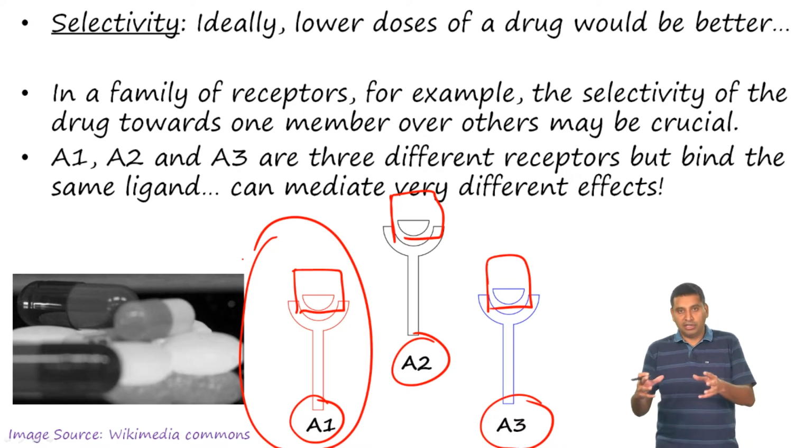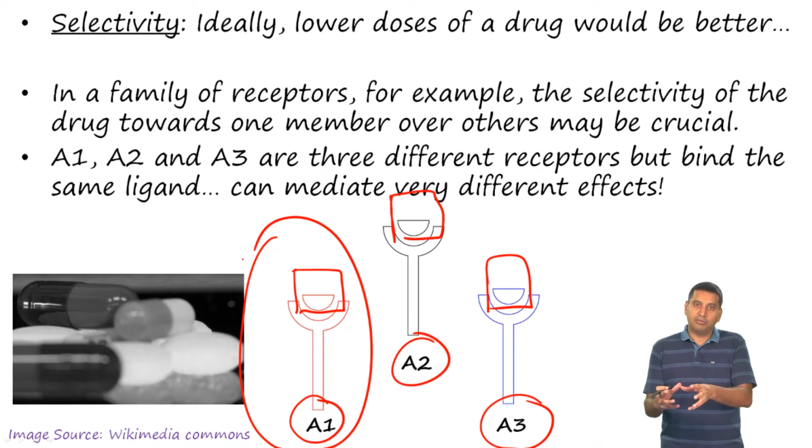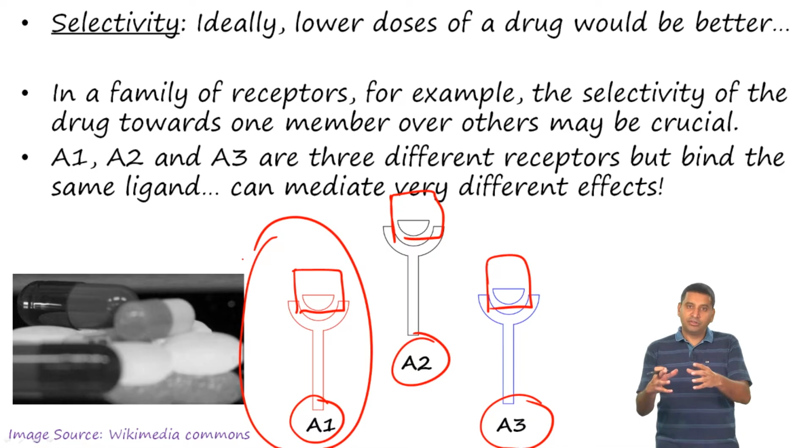If you have a family of enzymes, can we develop an inhibitor that specifically inhibits one member of that family in comparison with the other members? Keep in mind that these families are classified based on the structure and the function of the receptor.